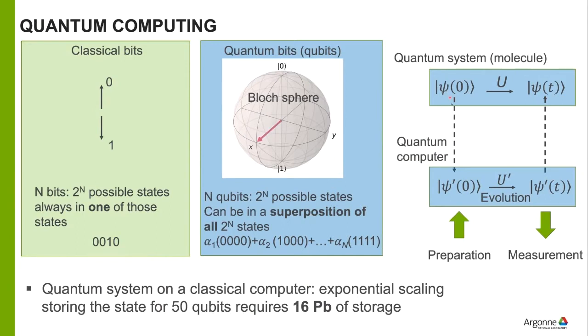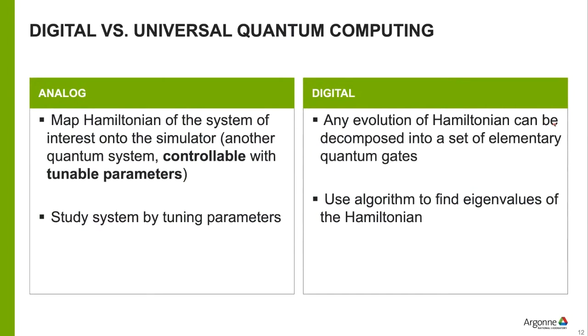You map it onto the quantum computer, which is controllable and tunable, where you can prepare the state that corresponds to the initial state of your system, evolve it in a controllable manner, and measure its state or its energy in the end, and then therefore you learn the properties of your quantum systems. It's important to note the differences between the digital versus universal quantum computing.